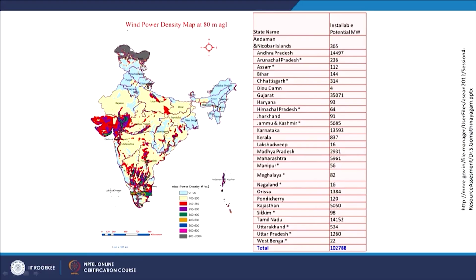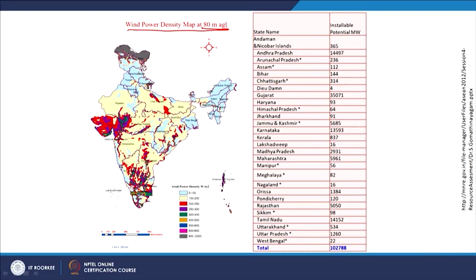Similarly, this is the wind power density map at 80 meter above ground level, because wind turbines are generally installed above the ground. At ground level the wind energy may be different, whereas at 80 meters it may be different.